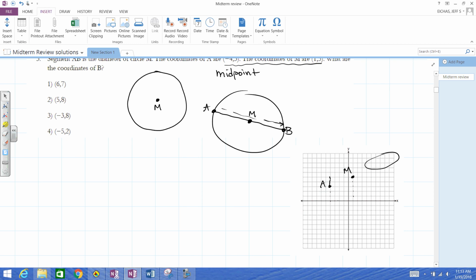All you got to do to find the other end of this problem is count up 2 over 5 and then repeat. So that's where B will be. Okay, it's a midpoint problem. Given the midpoint, find the other end. That location looks like 6, 7. There you go.